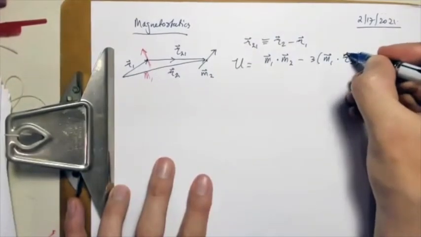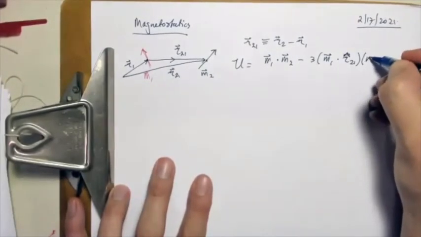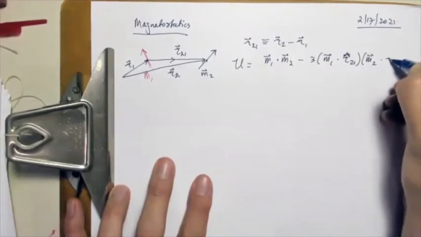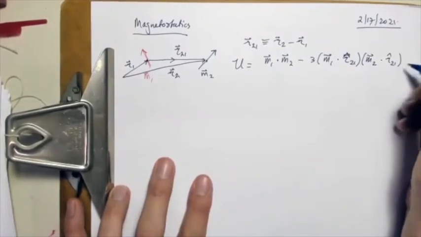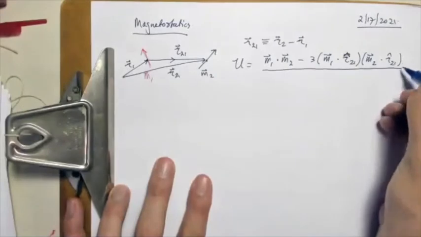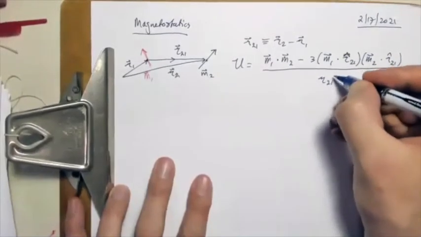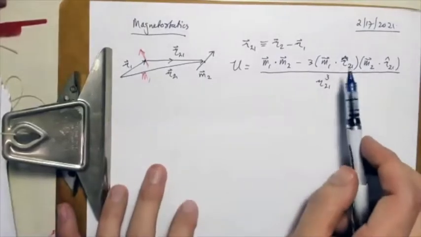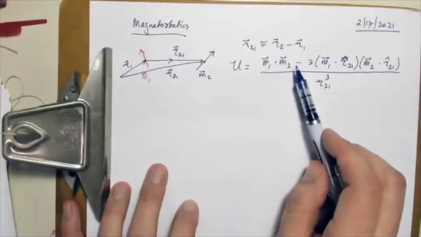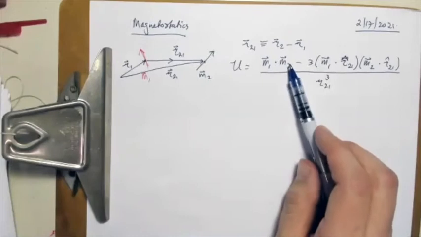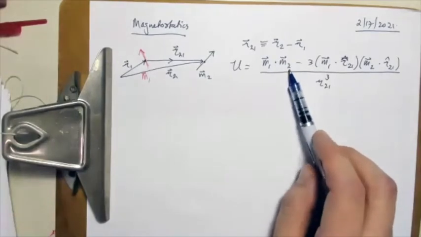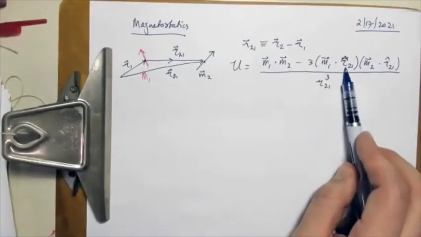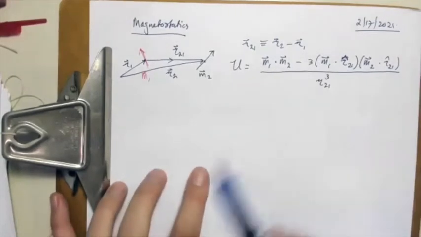Oops, there's a unit here. And then there's an M2 dotted with R21. And it goes like R21 cubed. So note that I factored out an R21 squared compared to what the book does. And that means that I've made these into unit vectors.